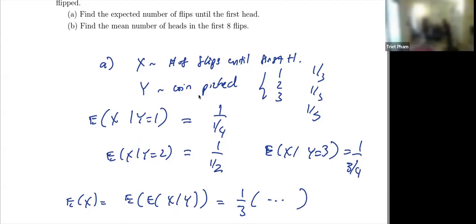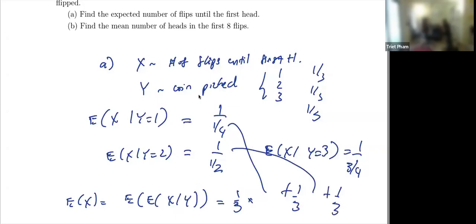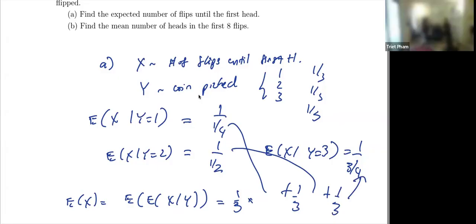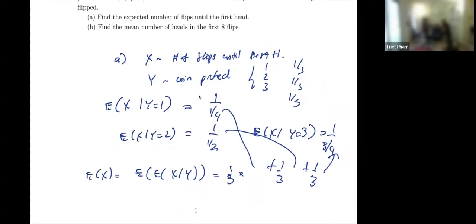Well, I was being lazy here. It's really 1/3 times this plus 1/3 times this plus 1/3 times this. Oh yeah, that's what I was saying. Okay. Which is 1/3 times the sum. All right.